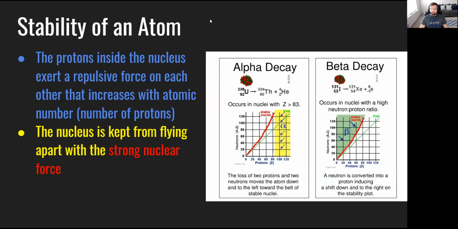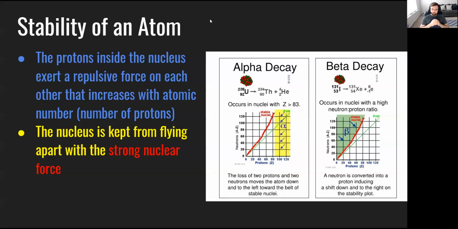Now, atoms can be stable or they can be unstable. Remember, the nucleus is made up of protons, which are positive, and neutrons, which are neutral. Well, when you have more than one proton, you have 2 or more positive charges. And you hopefully remember that positive charges repel other positive charges.